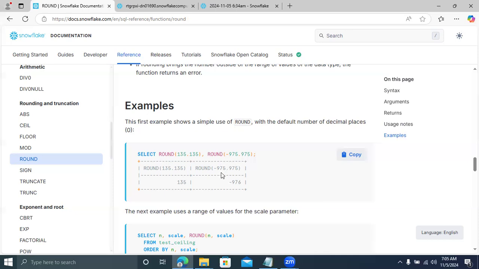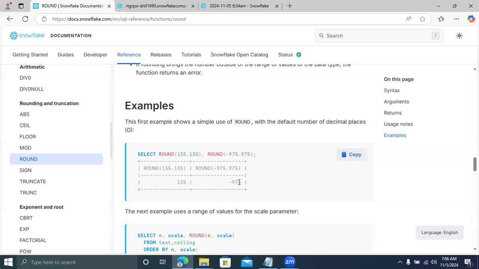Minus 976 is the least value, though it's negative. Now you have to say minus 970 is a higher value. Minus 975 is higher, sir. Higher value. Okay, then now you have to say what it is, ceil or floor? Floor fashion.